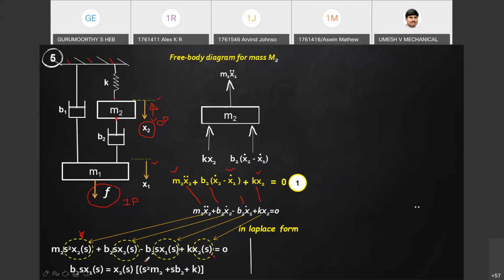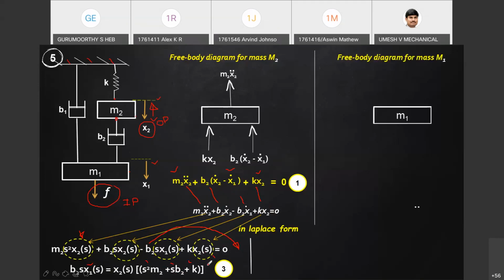If you take x2 of s, you are left with m2 s square plus, minus that, times x1 of s. So we get the equation. Now you can do the same for M1.